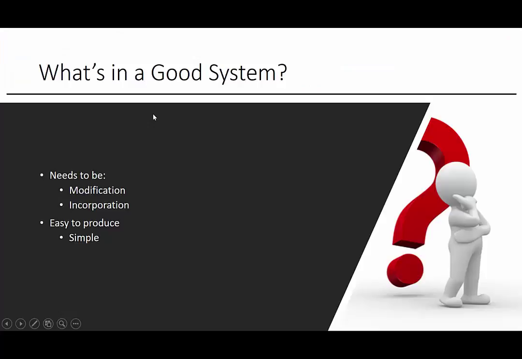Okay. So, what would be ideal in a good system? It needs to be easily modifiable. If I have a plate and I want to add a claw to the plate, you should be able to add a claw. Then you should also be able to easily incorporate it into any existing things.